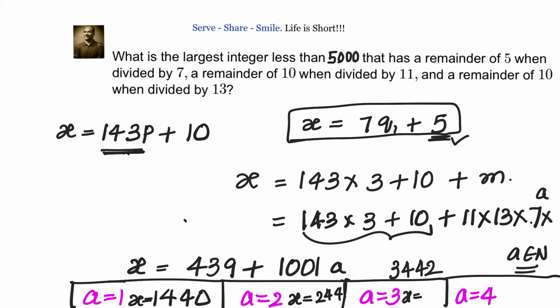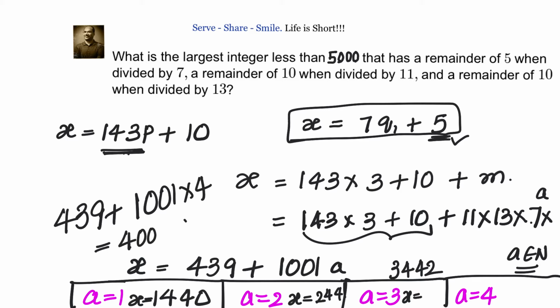When I substitute a equals 4, x equals 439 plus 1001 multiplied by 4, which is equal to 4004 plus 439, which is equal to 4443.